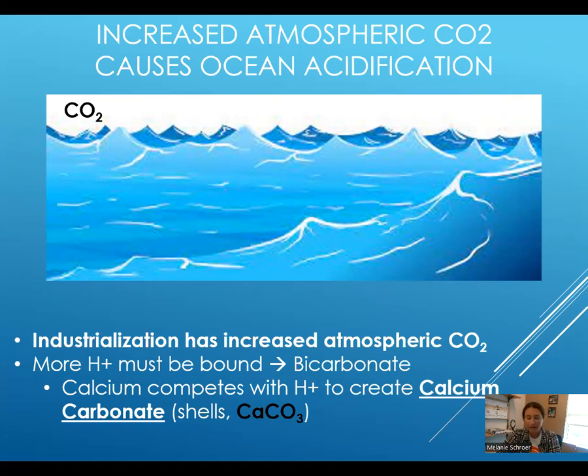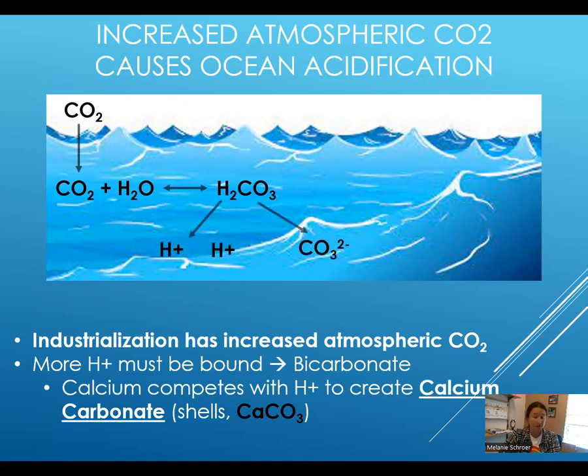And so what happens when there is additional carbon dioxide in the atmosphere? When there is a higher carbon dioxide pressure, right, so more CO2 in the air, this means that more CO2 is going to dissolve in the water. Okay? As always, more CO2 produces more of this very unstable carbonic acid, which immediately dissociates into the things that we just talked about.